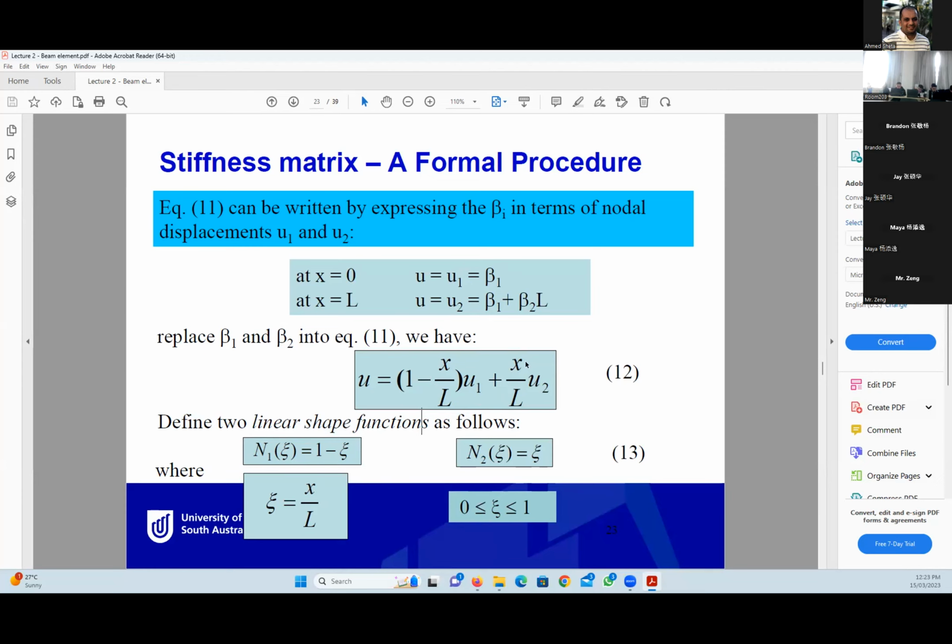So what we have done is just replace x divided by L with the symbol zeta. So zeta is x divided by L, where zeta goes from 0 to 1, because the minimum value of x is 0, so zeta will be 0. The maximum value of x is L, so zeta will be 1. Okay? So this is the shape function of a bar element, 1 minus zeta and zeta.